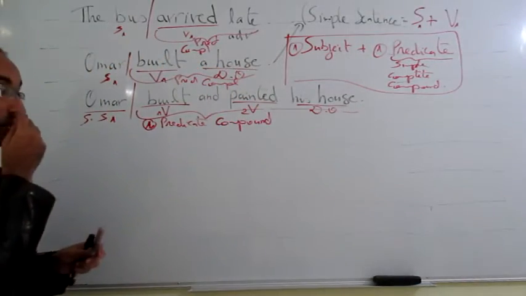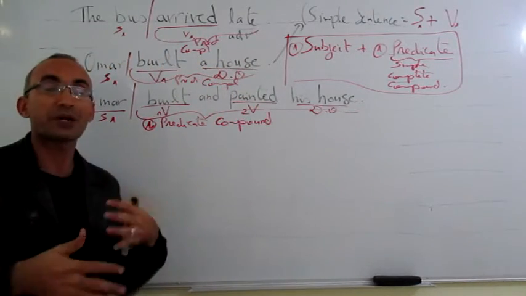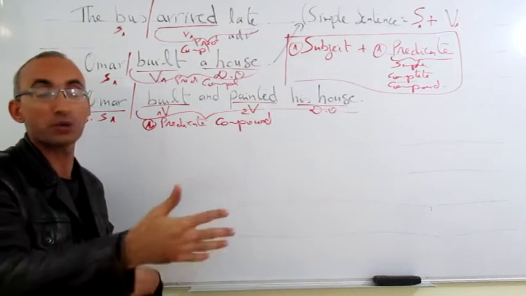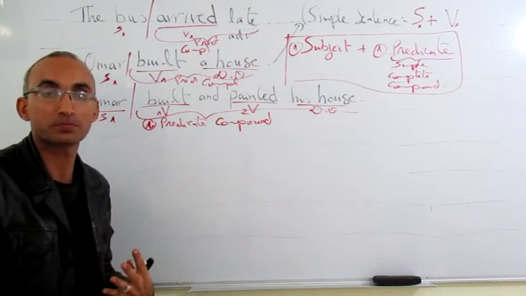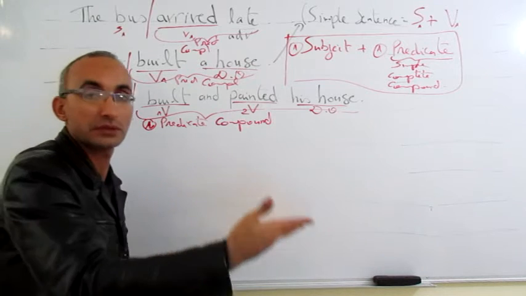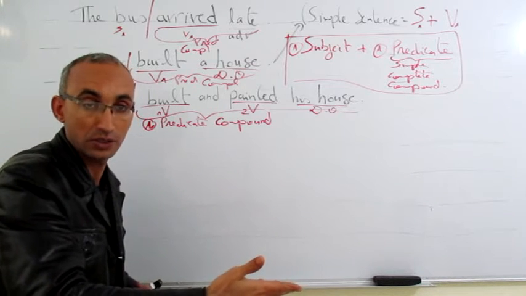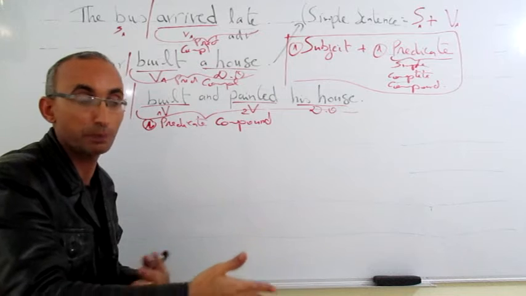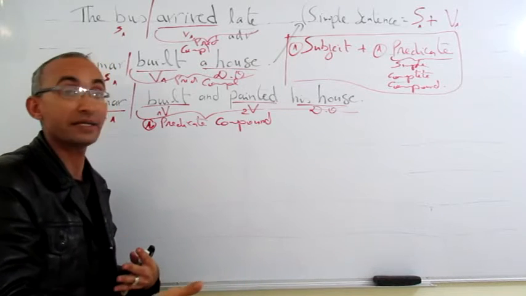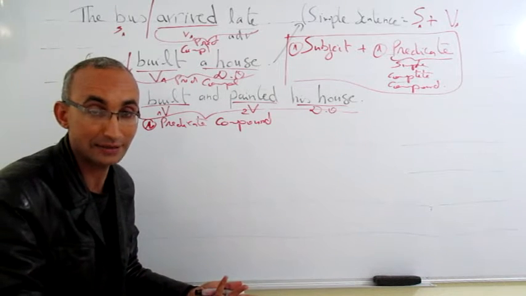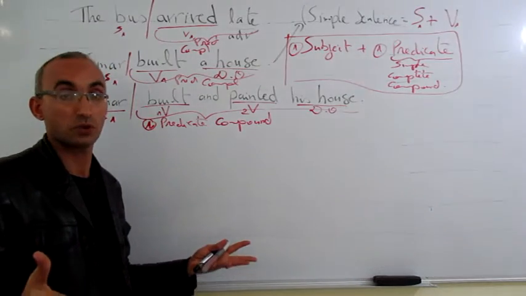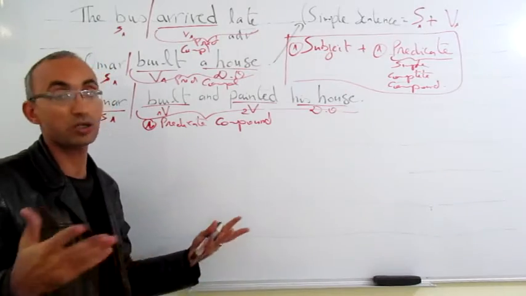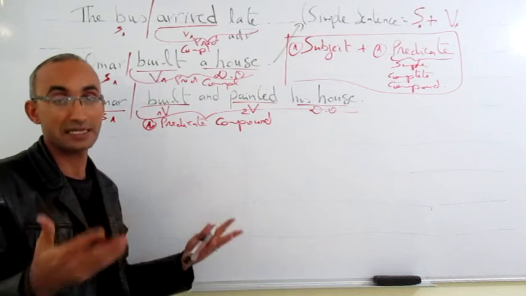Good. Now, as you know that in English, when we express our ideas or our views, we have different ways or forms of expression. We may give information, a piece of information. We may ask questions. We may express surprise or shock, or things like that.